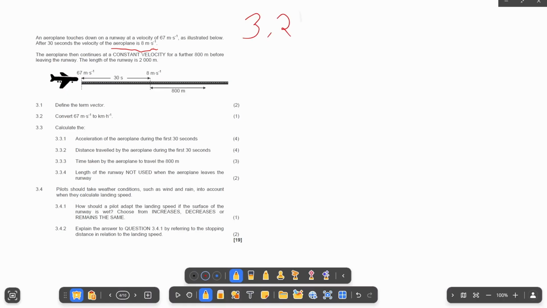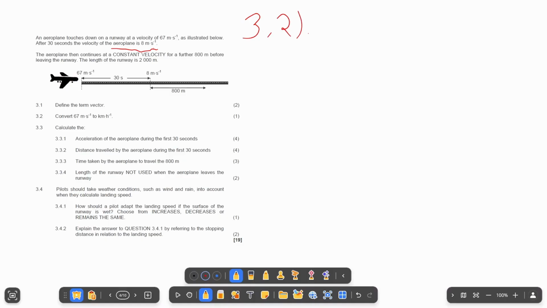They want us to convert the initial speed of 67 meters per second into kilometers per hour. There are many ways that you can do this, but there is a constant that is already there, and this is how it came to be.